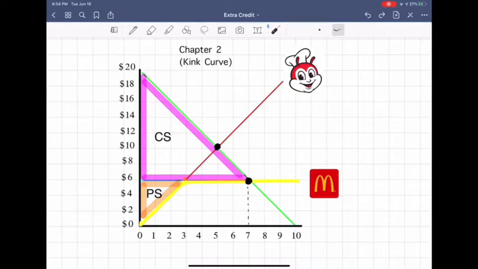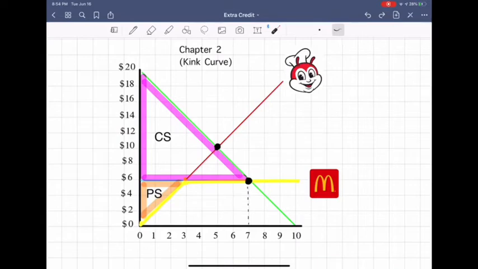So the first 3 fried chicken will be produced by Jollibee and the remaining 4 by McDonald's. That implies Jollibee will lose some business, while McDonald's will gain more. The new equilibrium will be at 7 fried chicken and a $6 price level.